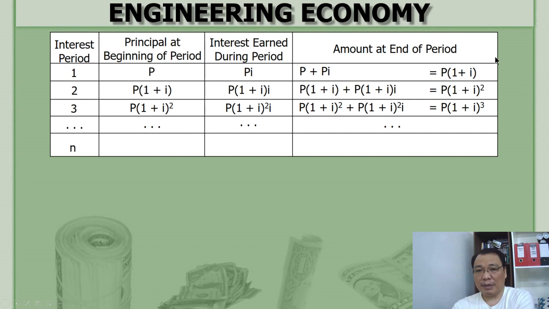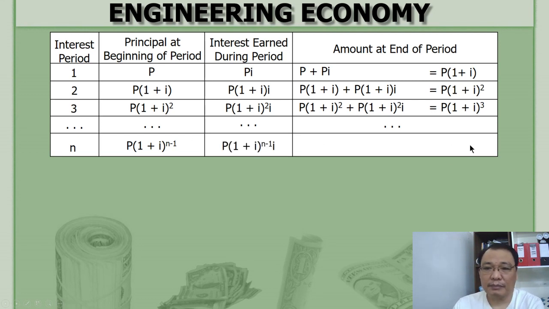So, from here, makita nimo ang pattern. Sa pinaka-last na period, same lang, P, 1 plus I, nag-differ lang sa exponent. Compared to the second period, squared siya. Pag third period, cubed siya. Therefore, sa last period, n power siya.